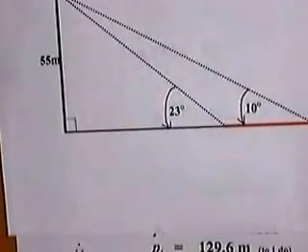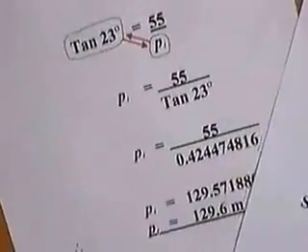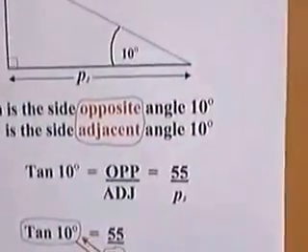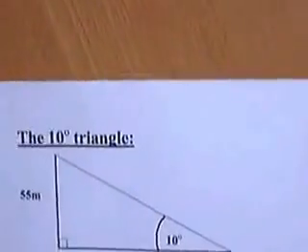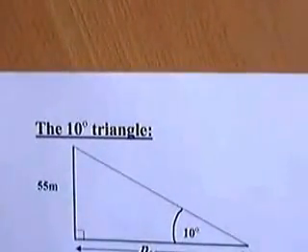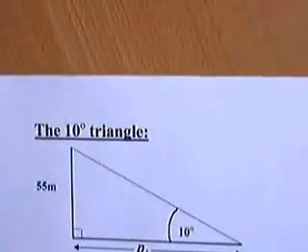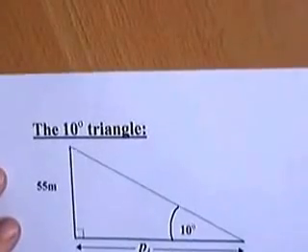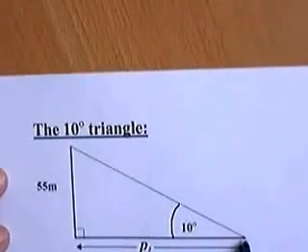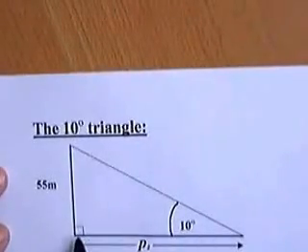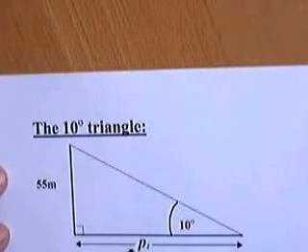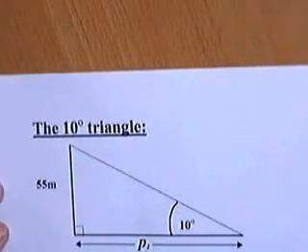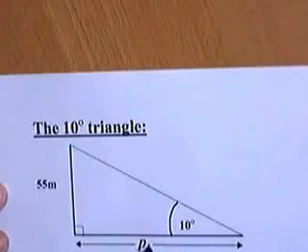Okay, now let's do the same thing using the 10 degree right angle. I've written down here that the length from where the second prisoner is to the base of the tower, I've called P2. You can't see that little 2 there, it's so tiny, but it does say P2, for the second prisoner. Well, what have we got?